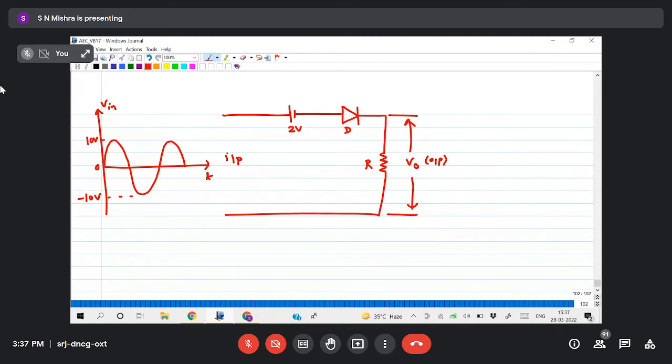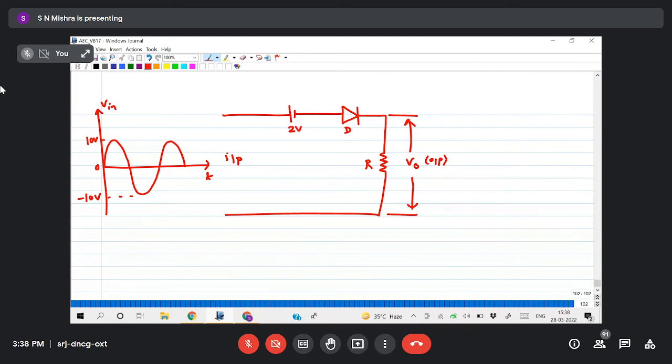Vi greater than 2. Very good. What is your name? Ayushi. Okay. So tell your friends how you understand that greater than 2 it will be on. Because at Vi greater than 2, the current will flow in the positive direction through D. But how do you analyze that when I give more than 2 it will be on?